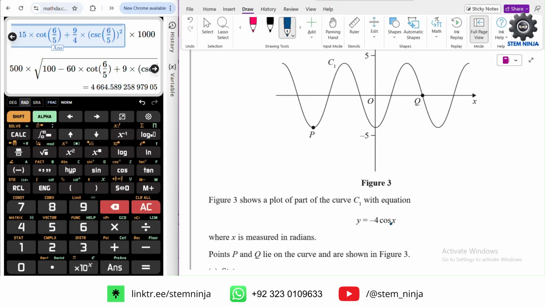So, cos x means that the period is still 2 pi. So, this point over here would be 2 pi, but this one would be at minus 2 pi.